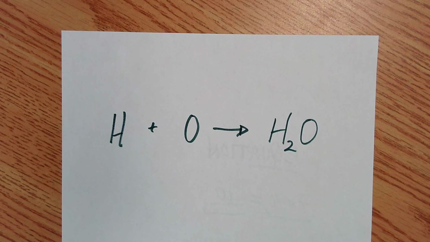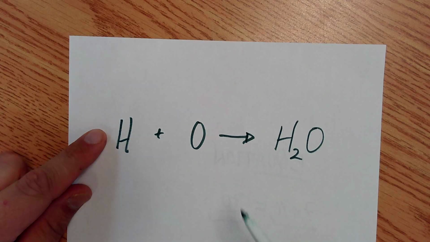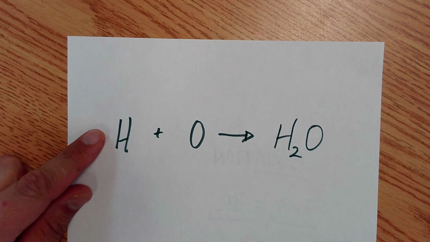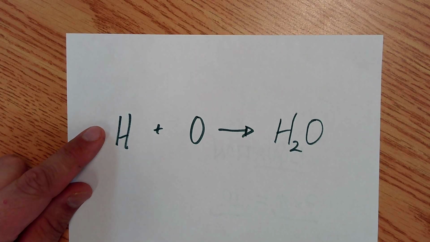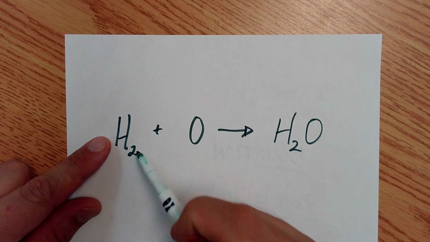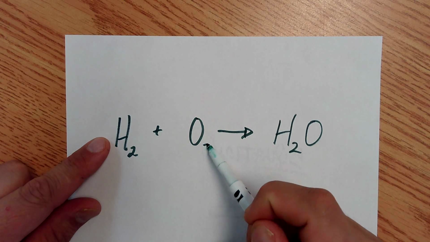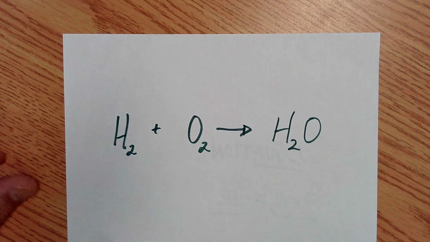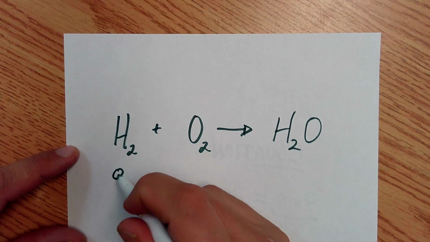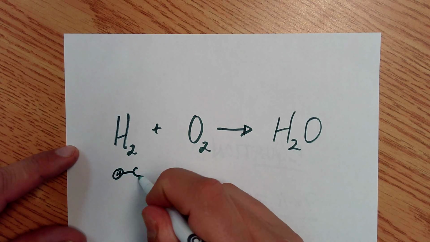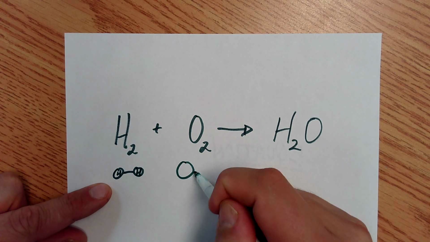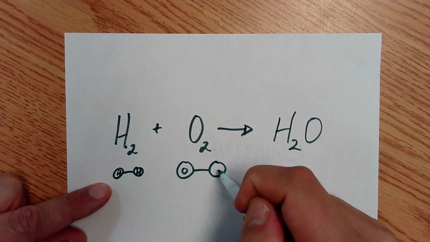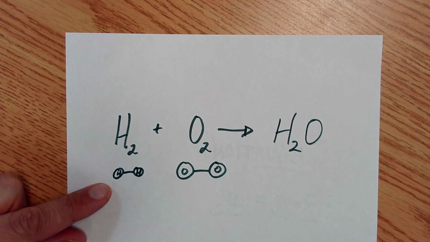Now, if we're being technical, which we will be for doing this, we'll say, well, hydrogen and oxygen are both gases, and remember that gases, they don't ever go alone. They're always diatomic molecules. So that hydrogen is actually an H2, and that oxygen is actually an O2, which means that we have a hydrogen bonded to another hydrogen. So there's two hydrogens. And the oxygen, being bigger, is bonded to another oxygen, right?